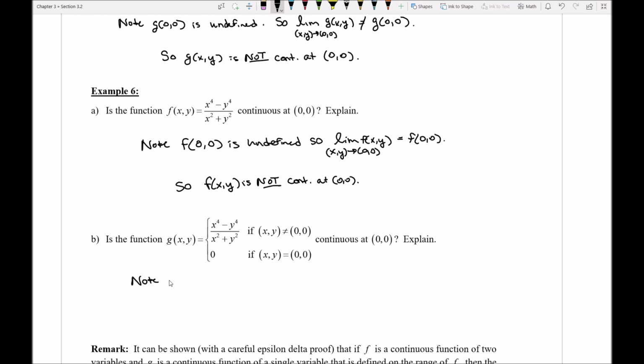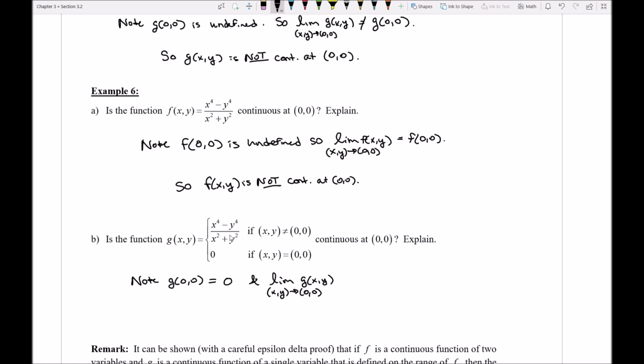Again, I can note some things. If I wanted to plug (0,0) into my function, I first have to recognize I have to use the bottom formula. The bottom formula says no matter what you plug in, you always get an answer of 0. Sounds good. Now, to check continuity, I would have to see what the limit is going to be as I approach (0,0).